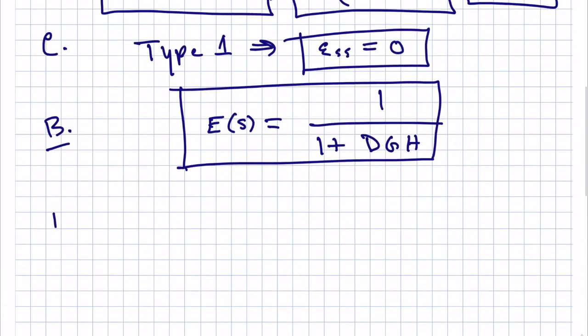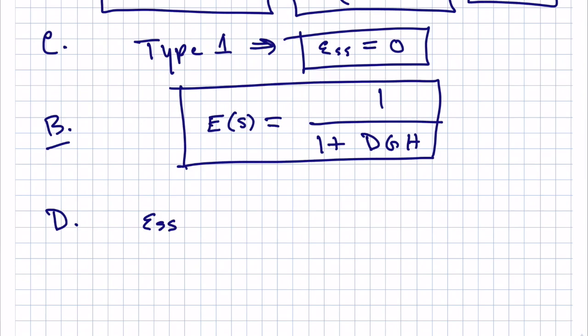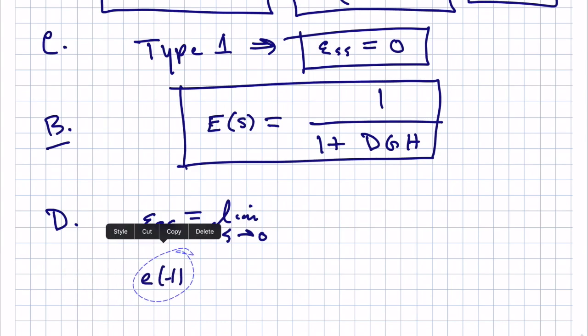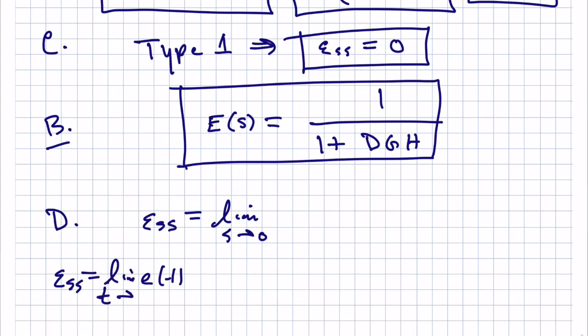So now when we get to part D, we actually have to plug in and do a little bit of work to find the steady state error. Okay, so we define the steady state error as the limit as s goes to 0. If the error signal is E of t, then what we're saying for steady state error is that E steady state is equal to the limit as t gets really large of E of t.